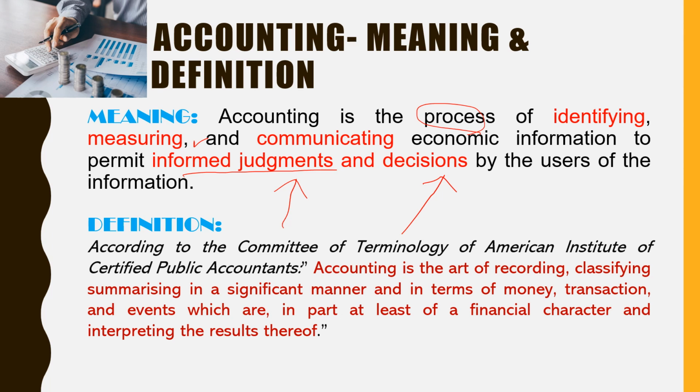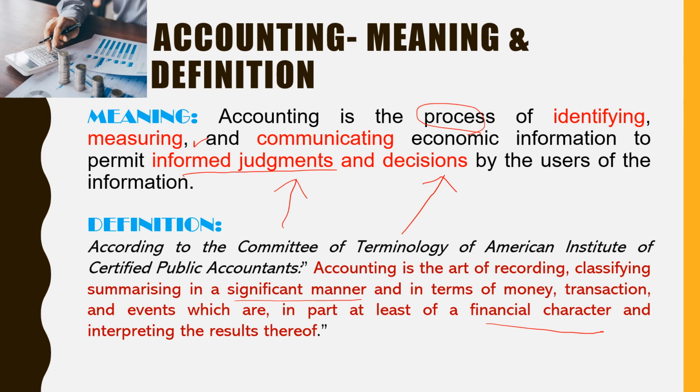As per the American Institute of Certified Public Accountants, there is another definition. This is a little bit long. Accounting is the art of recording, classifying, and summarizing in a significant manner and in terms of money, transactions and events which are, in part at least, of a financial character, and interpreting the results thereof.